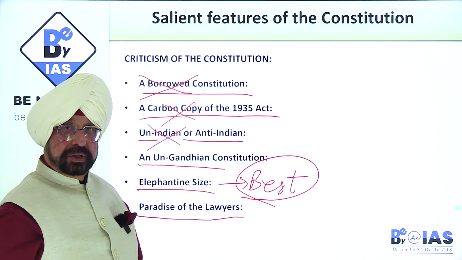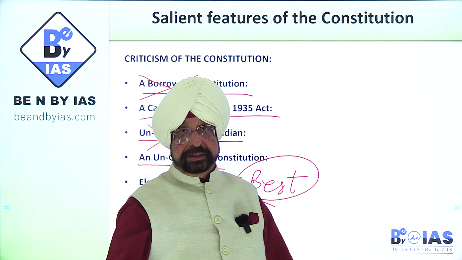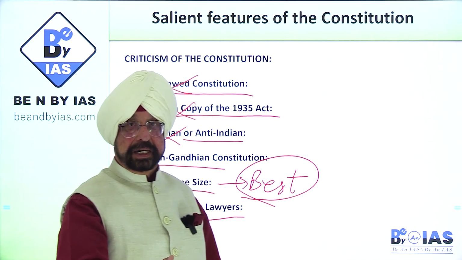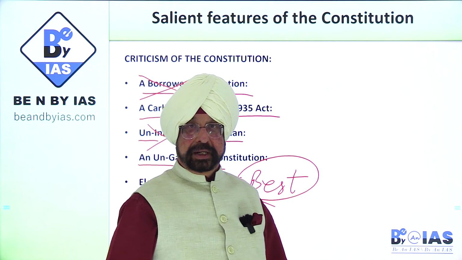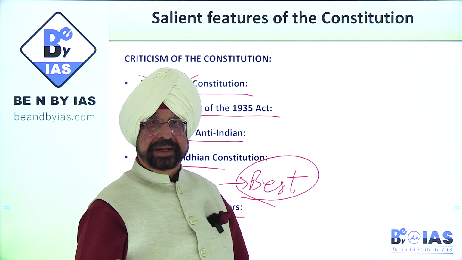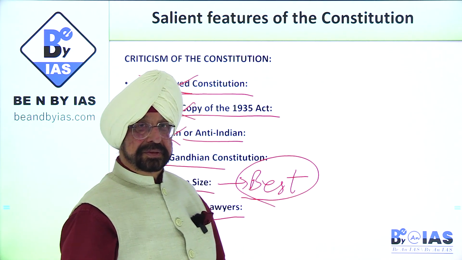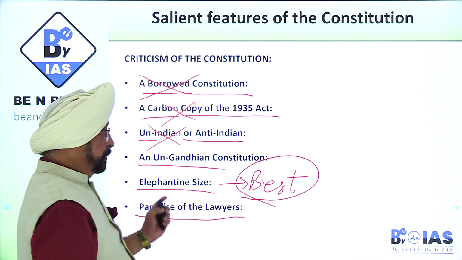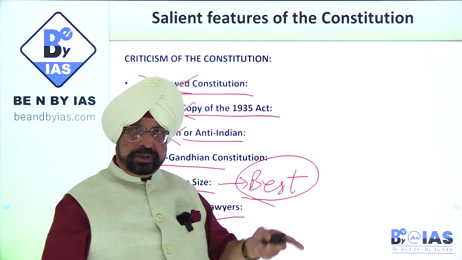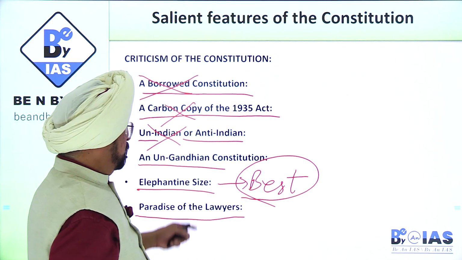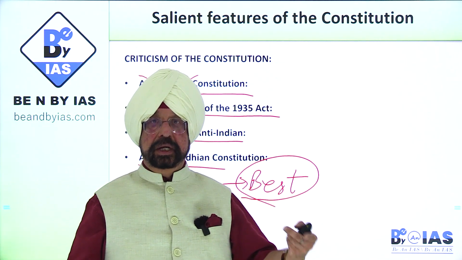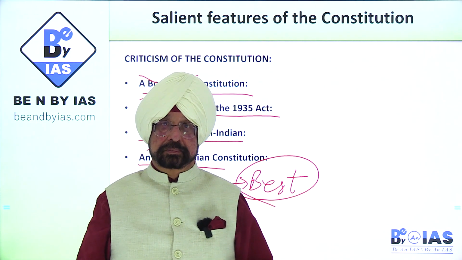Paradise of lawyers: now things have changed. Through PIL, anybody, even a letter sent to the Supreme Court, will be treated as a petition. So if a question comes like that, critically examine, write all the criticisms, but then give your own justification in a positive manner.